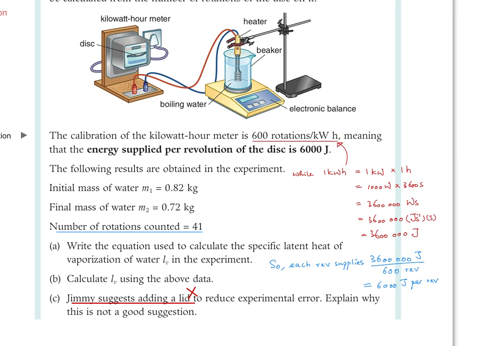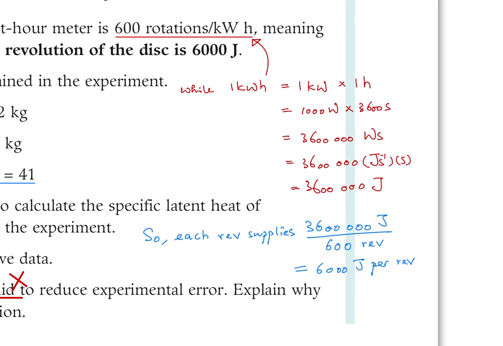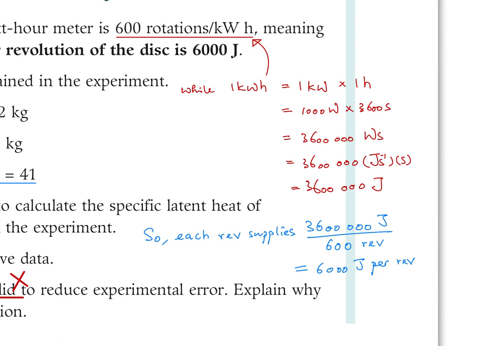So what does that mean? 1 kilowatt hour is indeed 3,600,000 joules of energy. In other words, 3.6 million joules of energy. If there are altogether 600 revolutions, then each revolution means 6,000 joules of energy.